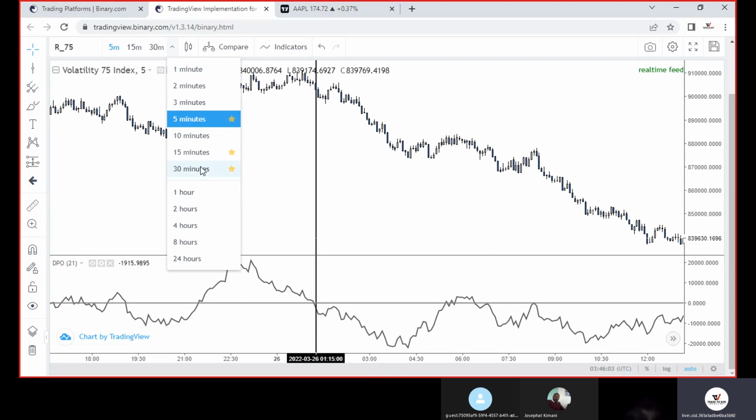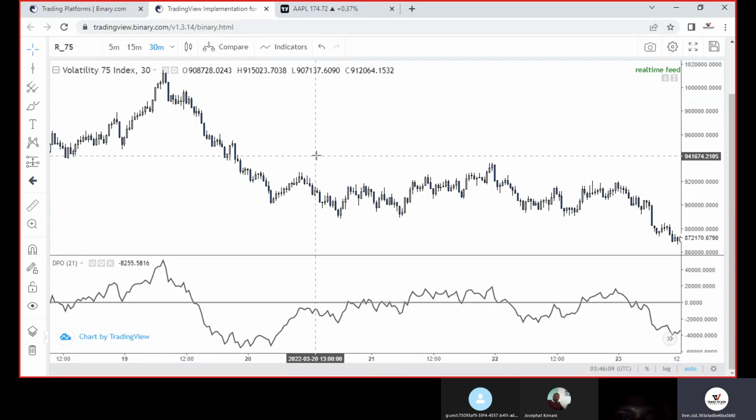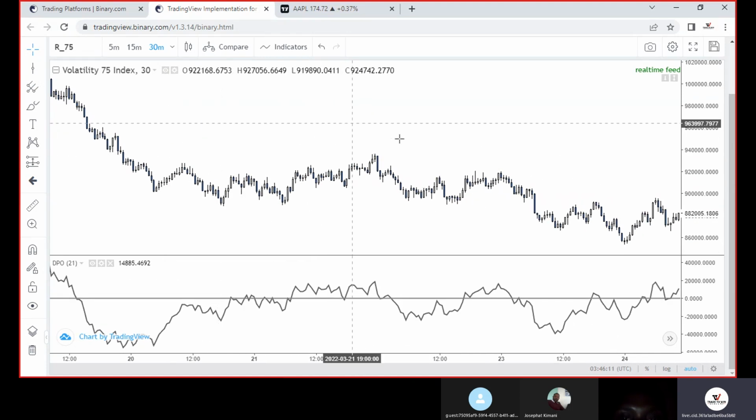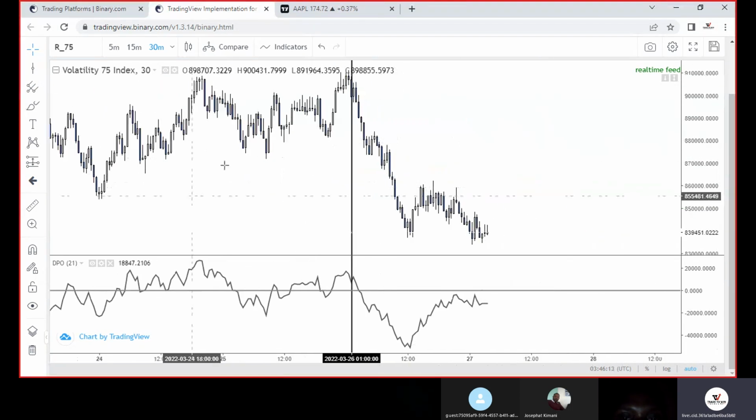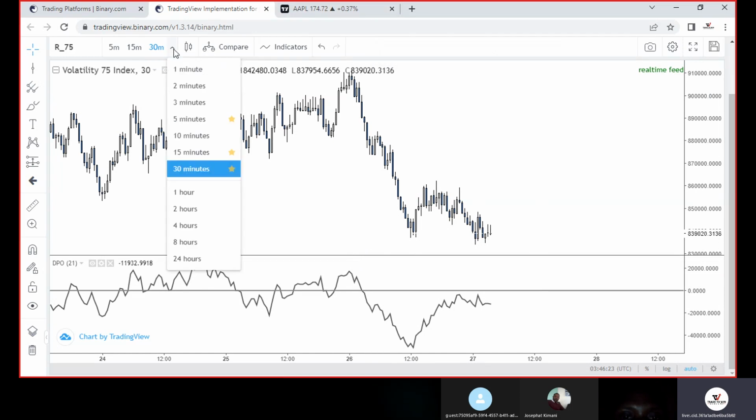If you want to use 4 hours for your analysis, you should use 30 minutes for your entry. If you want to use 1 hour for your analysis, you should use 15 minutes for your entry. It's more like going back 2 time frames. You start with 4 hours, you use 30 minutes. You start at 30 minutes, you skip 2, you use 5 minutes.